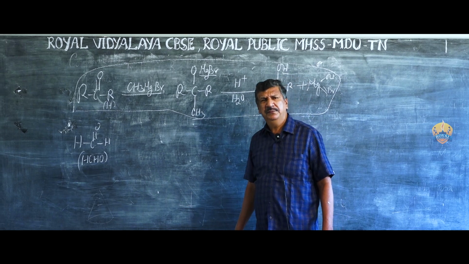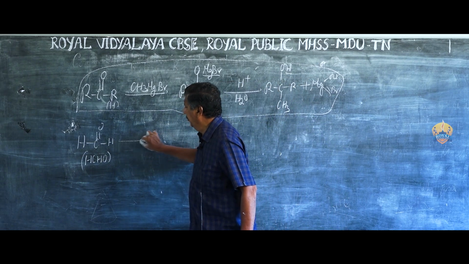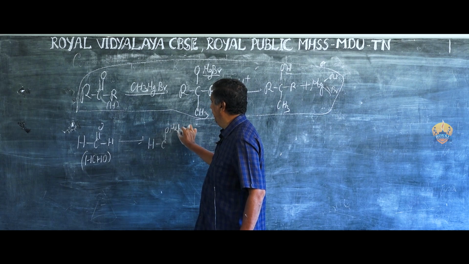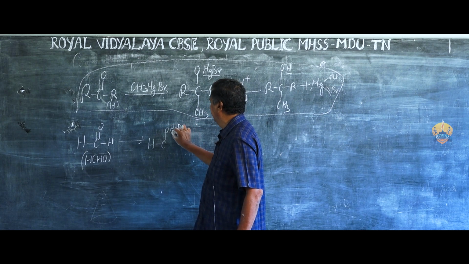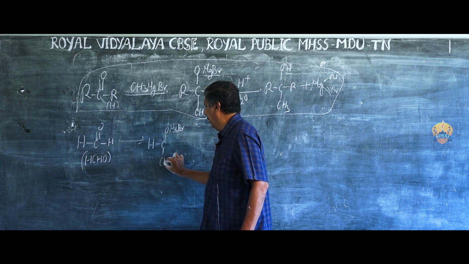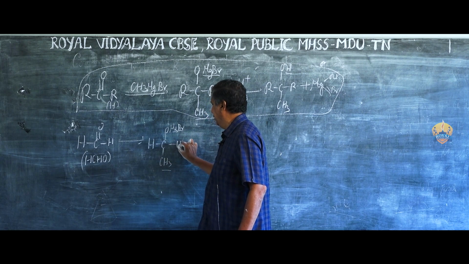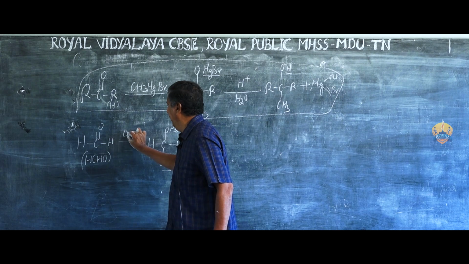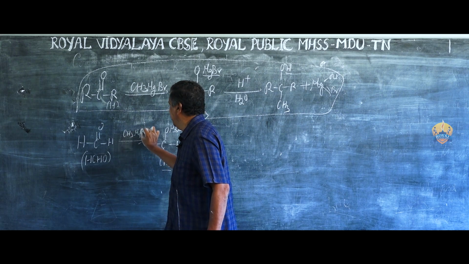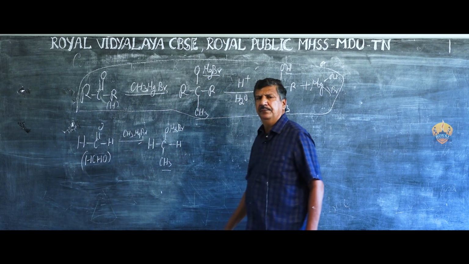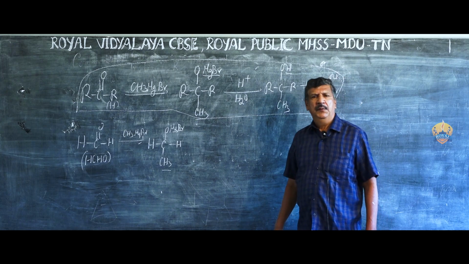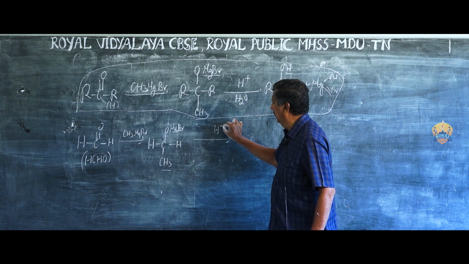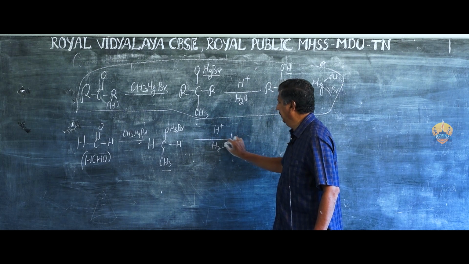What will do? Like this. Same thing. MgBr in the top, H and methyl in the bottom. You see, when you treat with methyl magnesium bromide, then what I will do? Hydrolysis. What will happen?